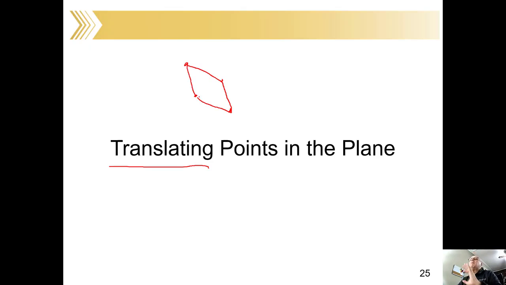Now imagine being able to grab onto that parallelogram and drag it to somewhere else on the plane. But it doesn't bend, it stays the same shape, but you're going to drag it maybe to the right, to the left, some combination of the two. That's what translating means. You're going to keep the look and you're going to move it to a different section of the plane, the Cartesian coordinate plane.